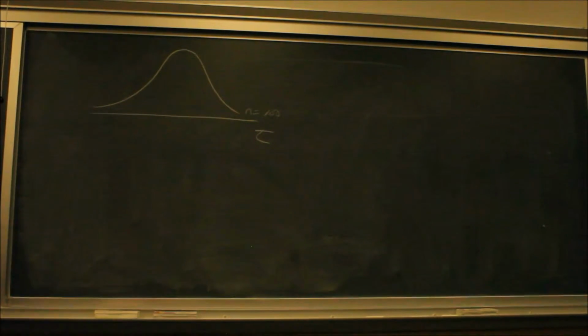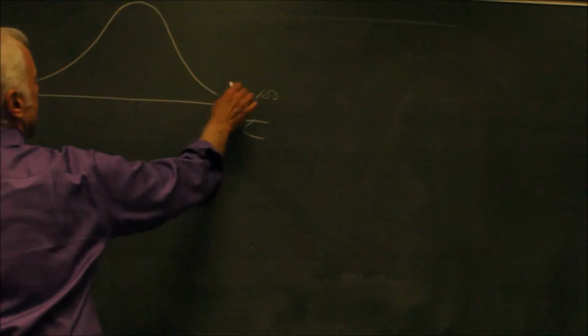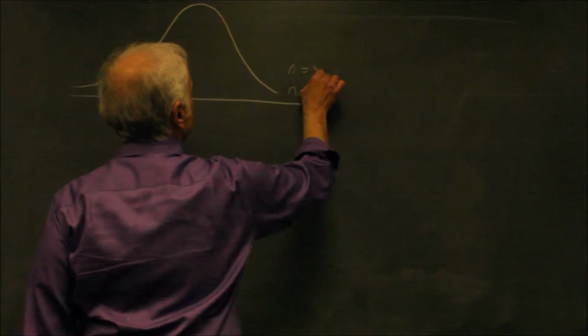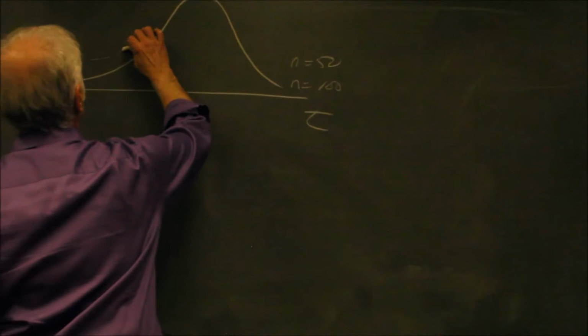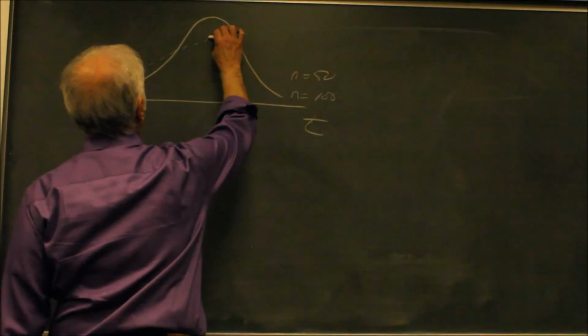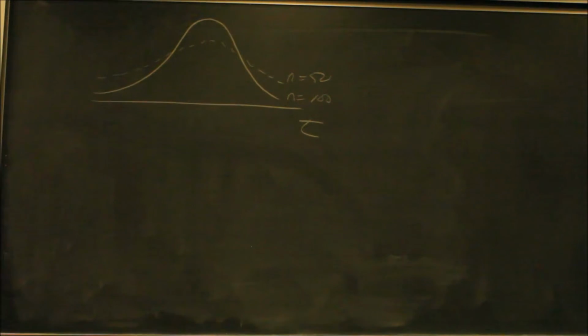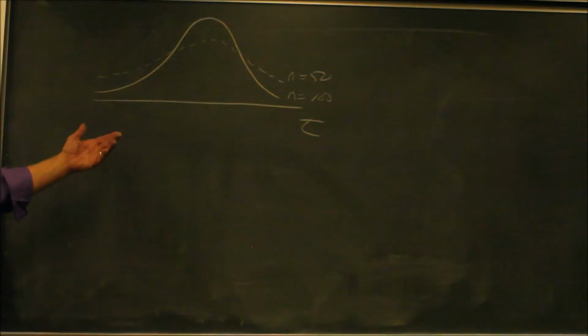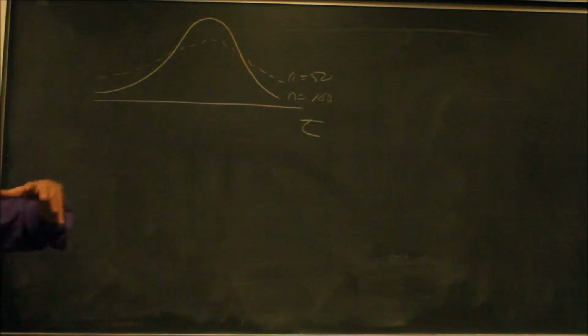Let's say that n is equal to 50. Well, it looks something like this. That's a symmetrical distribution too, except that it has more dispersion.